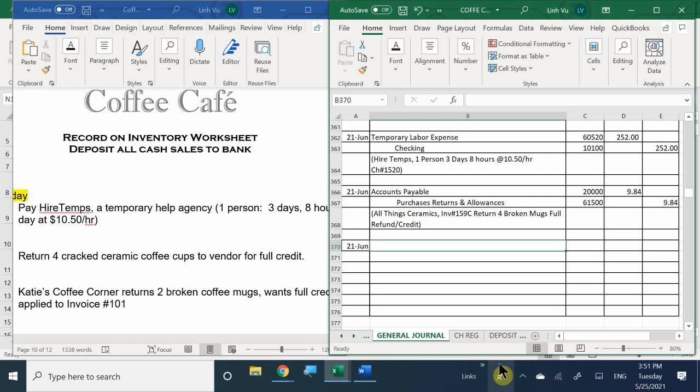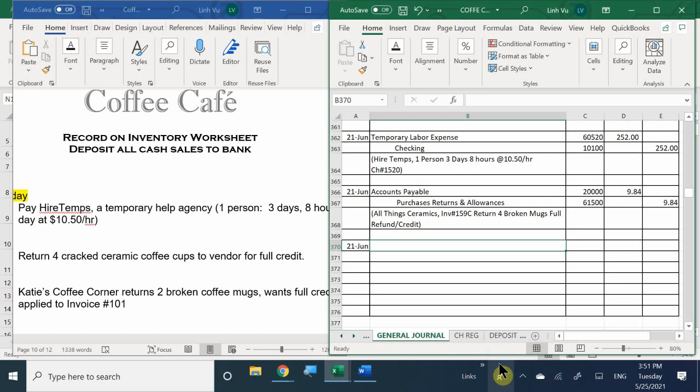Is it purchase returns and allowances? Okay, so purchase returns and allowances is when we're dealing with a vendor. If it's sales, then it's sales returns and allowances and accounts receivable.